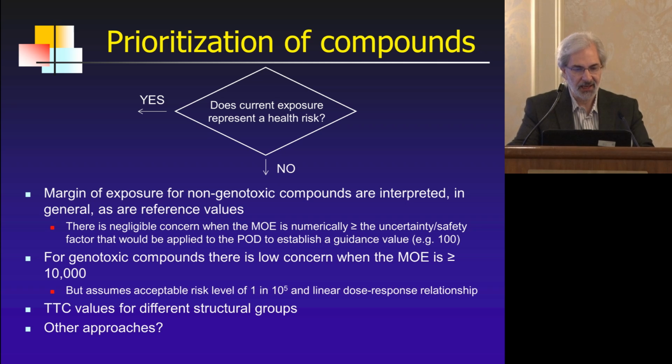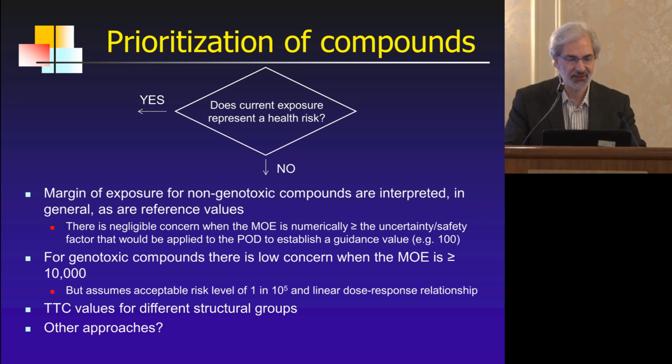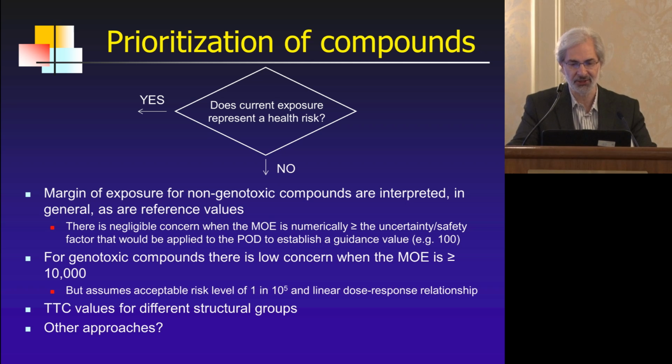For non-genotoxic compounds, in general, they're interpreted the same as reference values. That is, they would be considered negligible concern when the margin of exposure is numerically greater than the uncertainty or safety factor that you would apply to the point of departure to establish a guidance value. That's a fancy way of saying that if you've got a margin of exposure of 100 or more, everything else being equal, you would consider there was a low risk, and that it was a low priority.